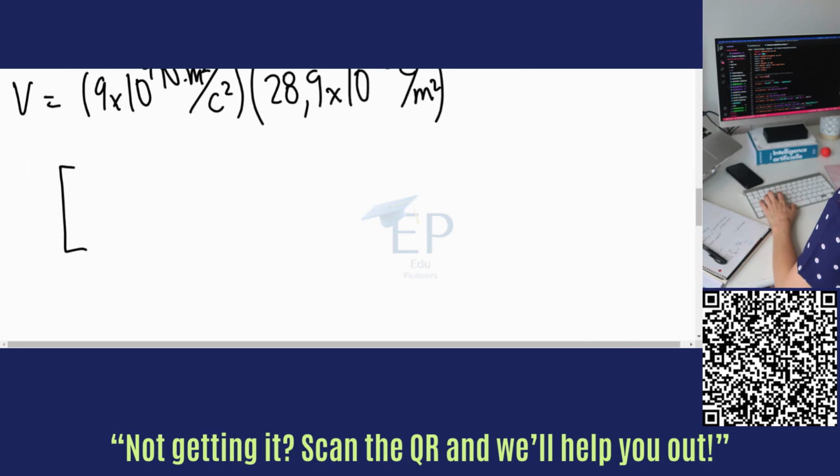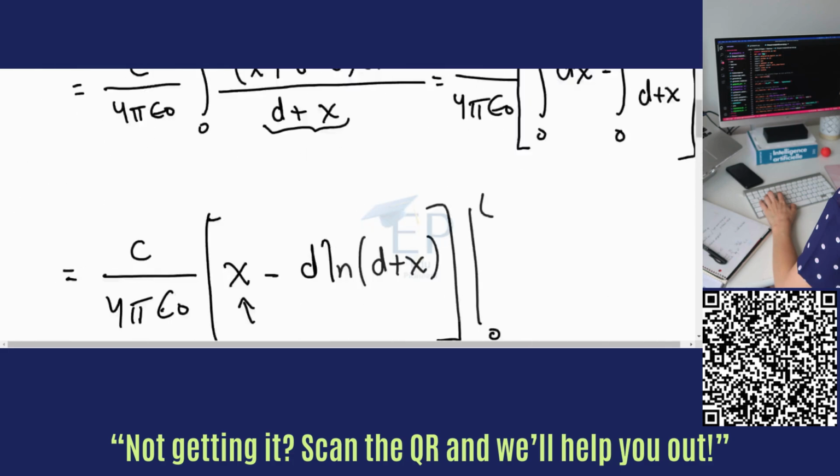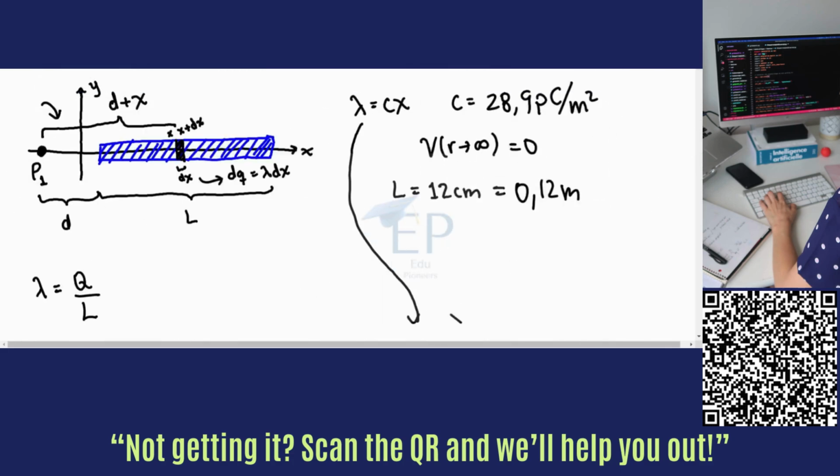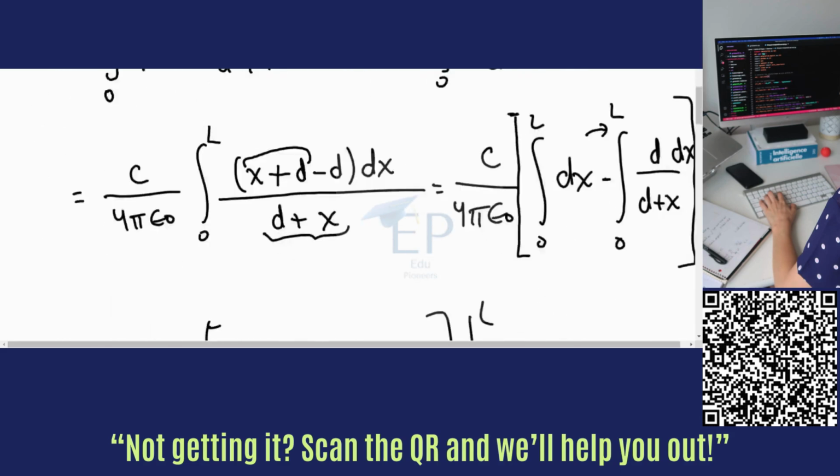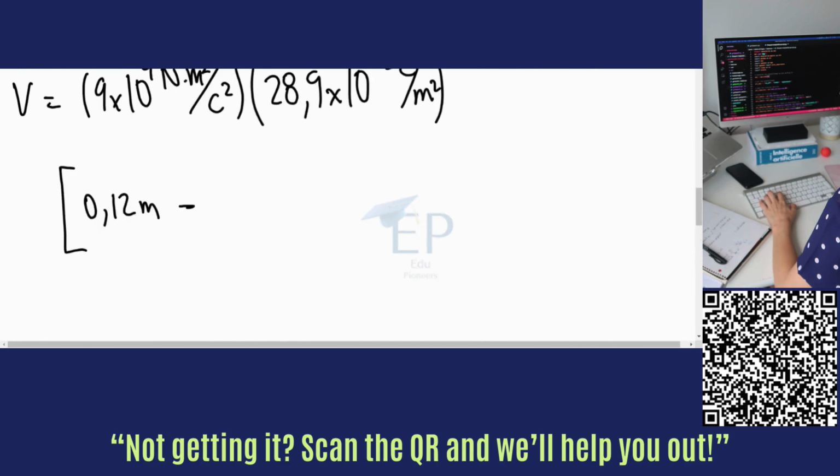And in this we will have 0.12 meters minus the distance d, which in this case is, let me search for it, 3 centimeters, so this will be 0.03 meters. Again, we need to divide that by 100.